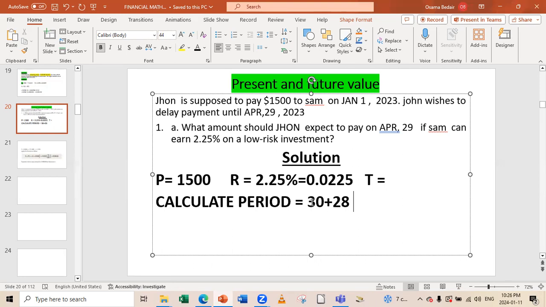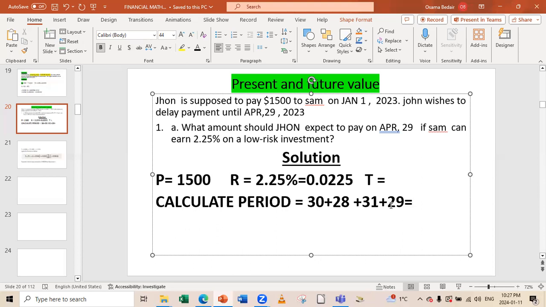So February will be 28 days. Then March is all 31 days. Then we also add till April 29, the day of giving back the money, the day of the end, the day which is registered here, which is 29.